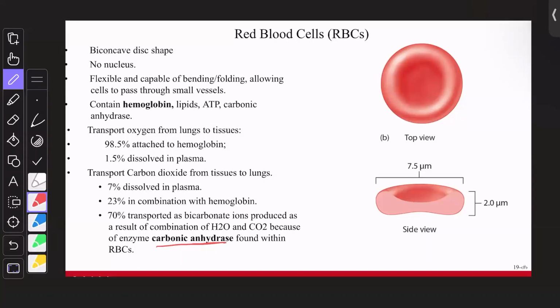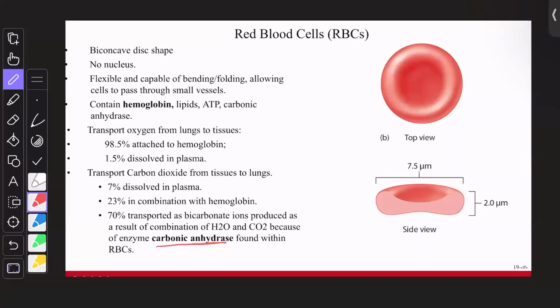Then the carbonic acid is going to lose its hydrogen, and the rest of what's left is that bicarbonate. I have described the reaction to you. You do not need to know the details right now. Those details will happen in the respiratory system. For now, you need to understand that carbonic anhydrase is responsible for the conversion of carbon dioxide to bicarbonate.